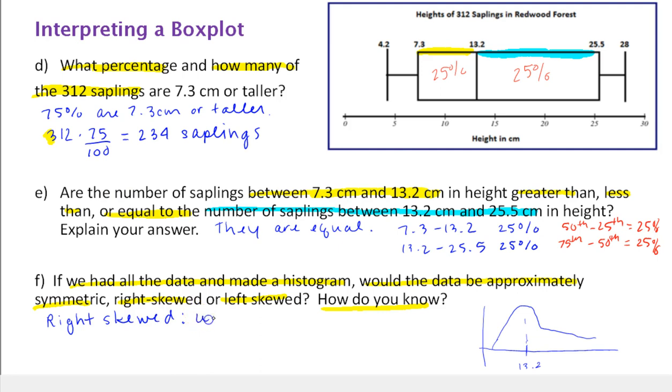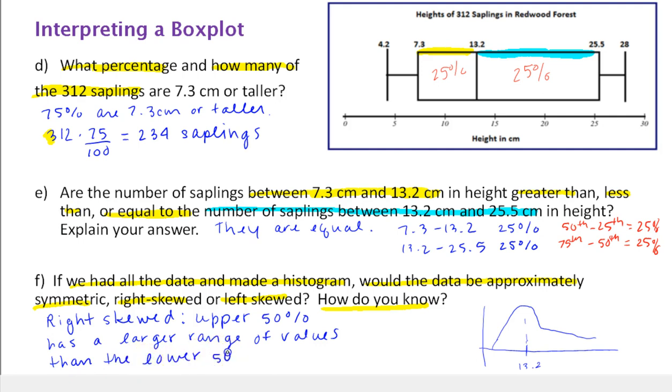We'll say the upper 50% has a larger range of values than the lower 50%. Okay, so that's going to make it more spread to the right. I apologize for this graph. I know it's not the prettiest thing.